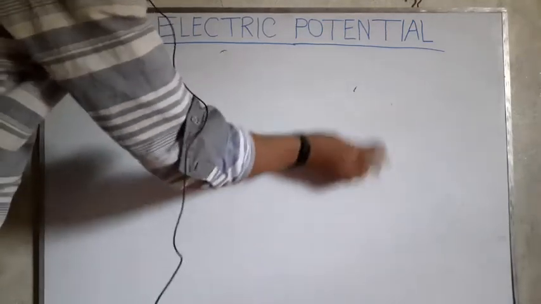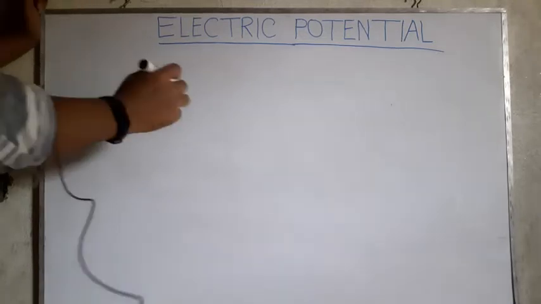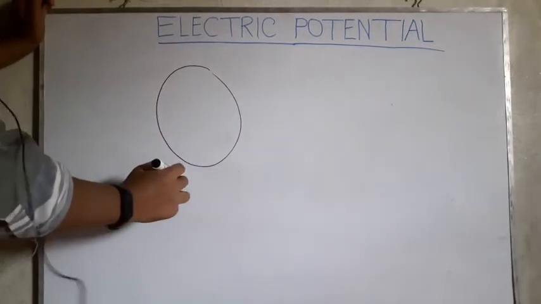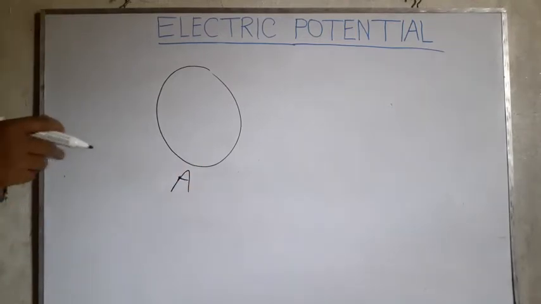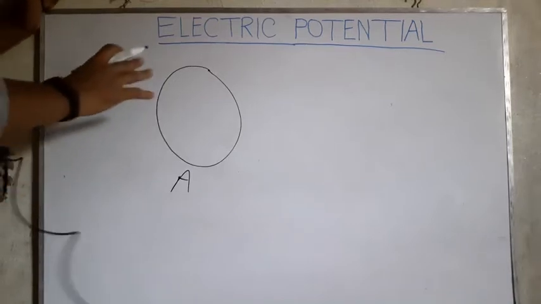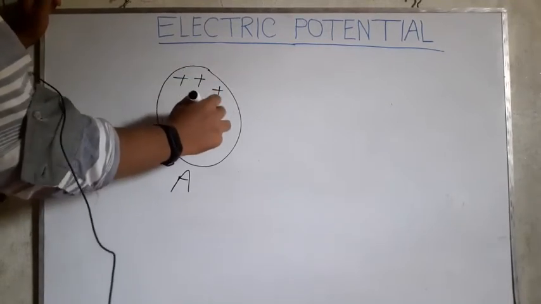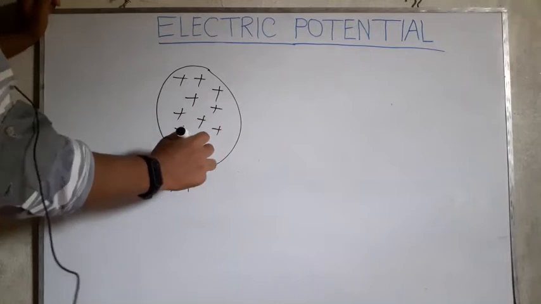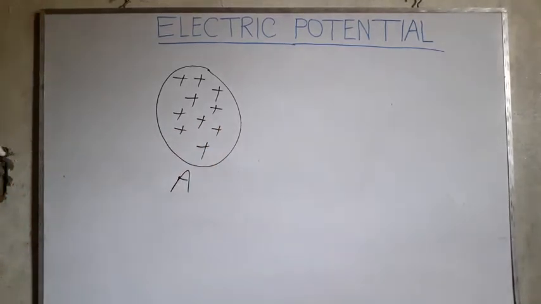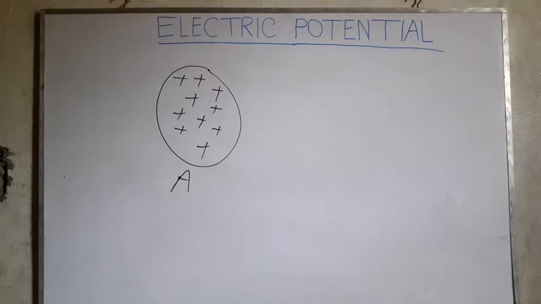Now, we will see the flow of charge. Suppose a body, if we accumulate charge in this body, suppose the body A is positively charged, if we touch this body with another body, we know the charge will flow.